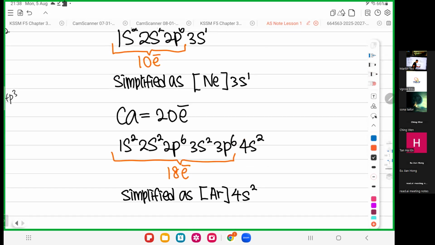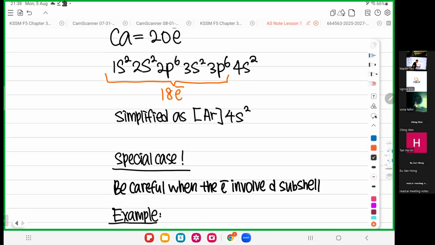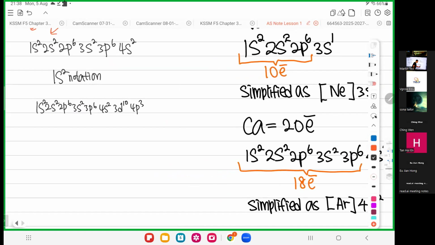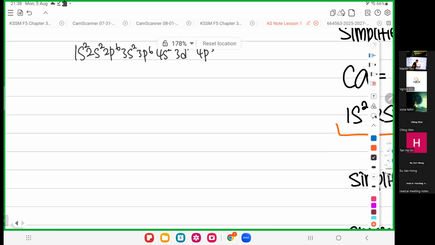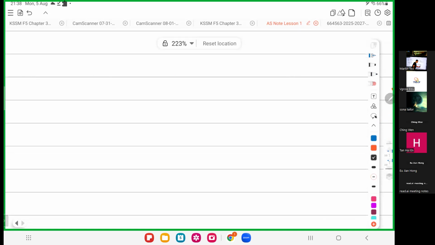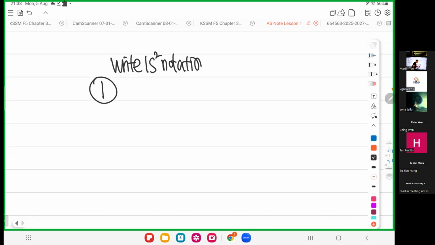Now your turn. I'll give you 2 questions to practice on. One question, I don't want you to do the shortcut. Another one, I want you to do the shortcut. The first one, I want you to write the electron arrangement for aluminium.